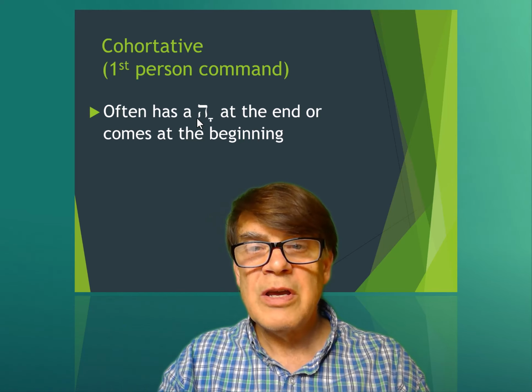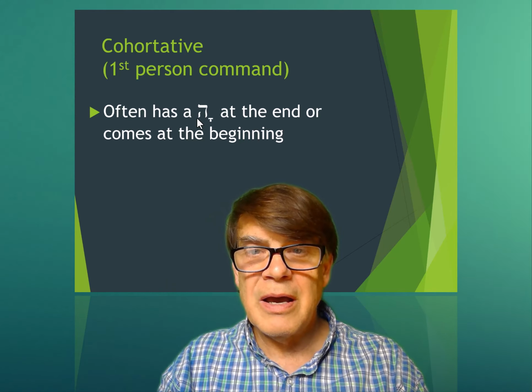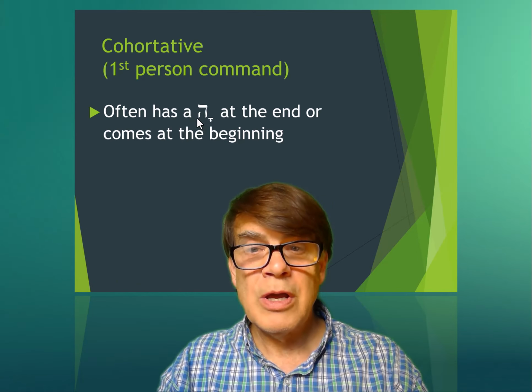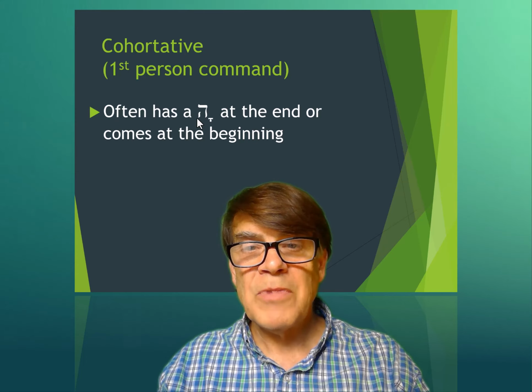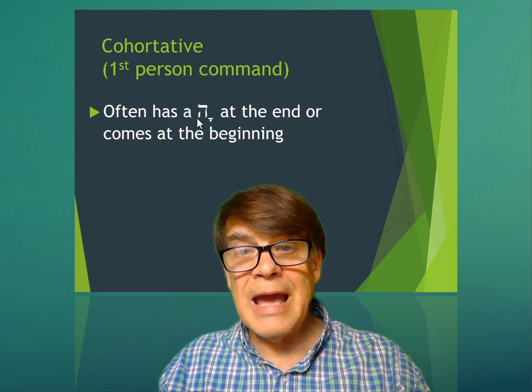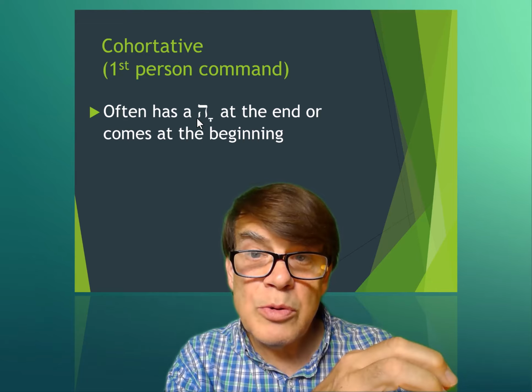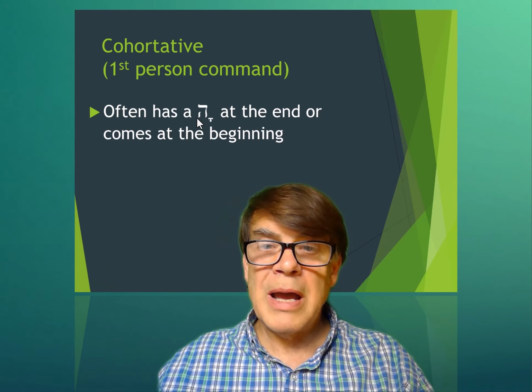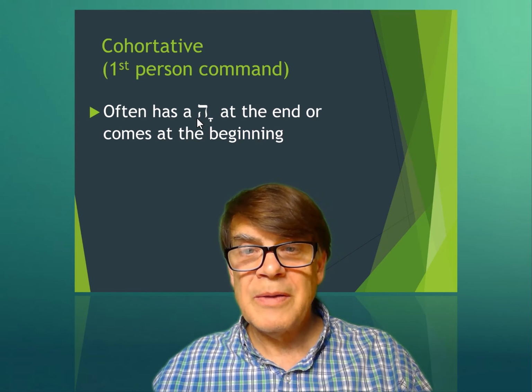So the cohortative is a first person command, singular or plural, and it also looks like an imperfect, just like the jussive looks like an imperfect. Again, Blue Letter Bible will tell you it's a cohortative. It's a little bit more precise in its code, whereas Interlinear Bible will probably just call it an imperfect.